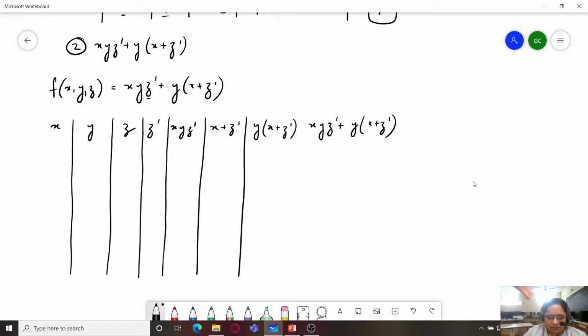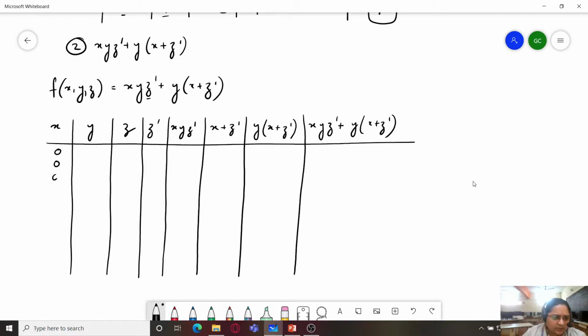So we'll just draw the columns. So these are our columns, and now we will start evaluating. So first we will have to write the combinations of bits.